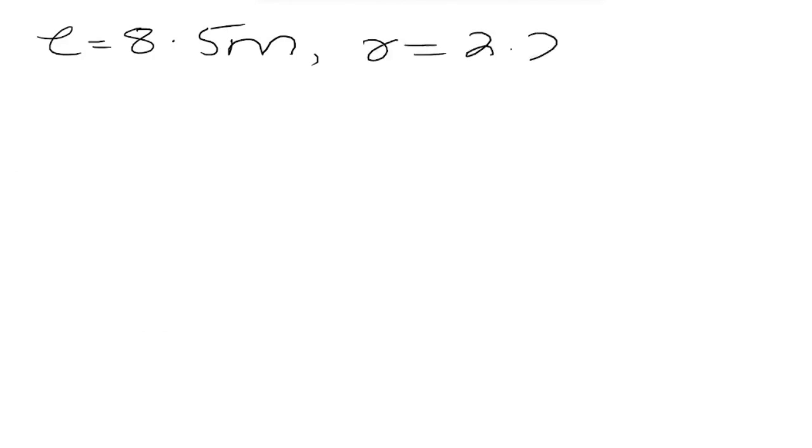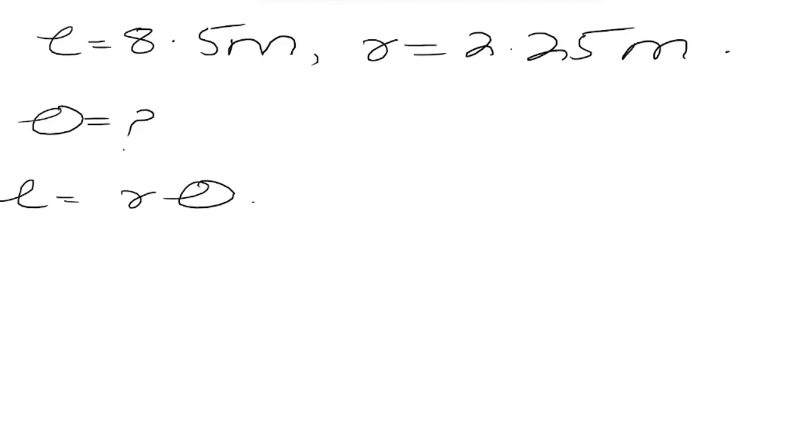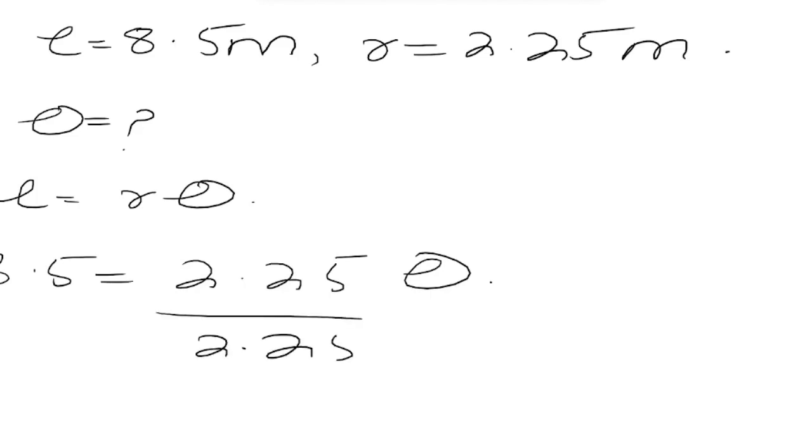Firstly, L will be equal to 8.5 meter, and then what do we have here? The radius is equal to 2.25 meter. So we need to find theta here. As we know, L is equal to r theta, so we're going to place the value of L, which is 8.5, then 2.25 theta. So 2.25 will be divided on both sides.